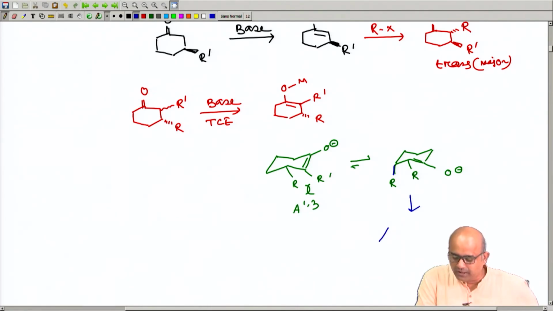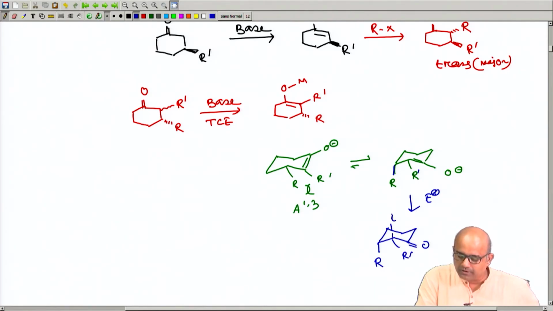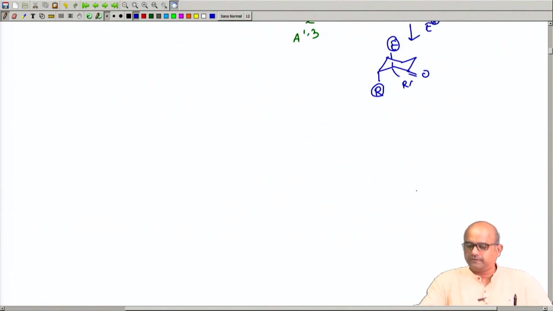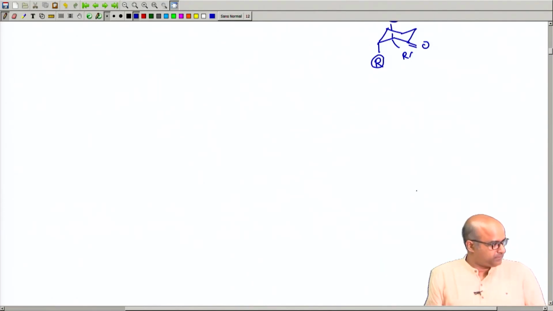So, finally, what will you get? You will treat with an electrophile. So, usually you get this, this is already there, you have R, this is basically the R prime, you have this R prime, you have this R, and this electrophile now comes here. So, usually what I am trying to say is that this R, this R, this R and the electrophile seem to be anti to each other. This can be well explained through this kind of pathway.